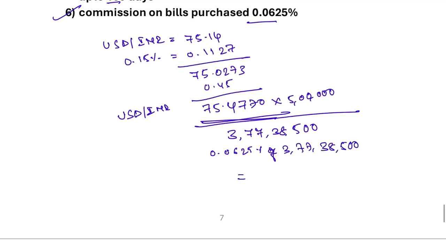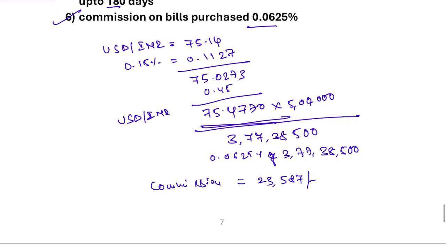This amount, this is commission, right? How much is this commission amount? If you calculate it, in and around 23,587. In this video I am unable to show the calculator, but I am doing it manually. This is the commission amount.